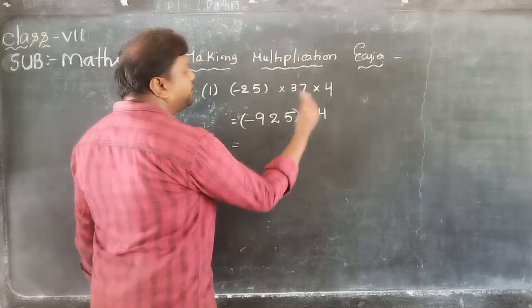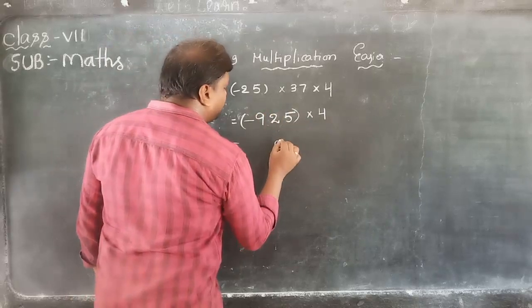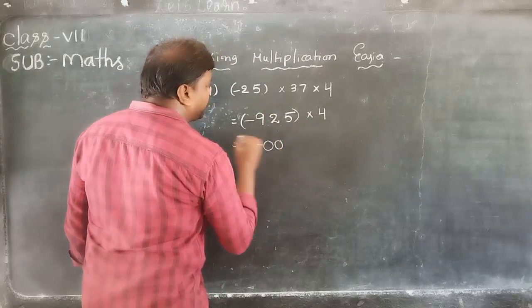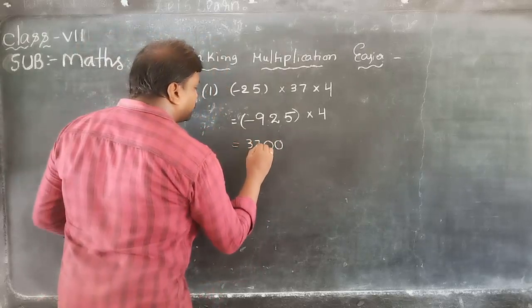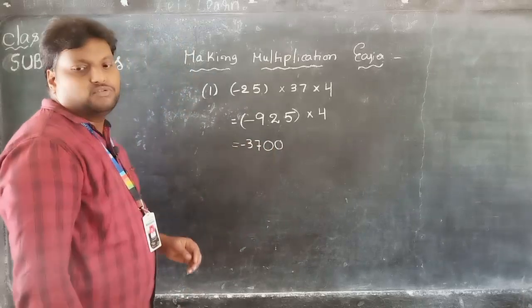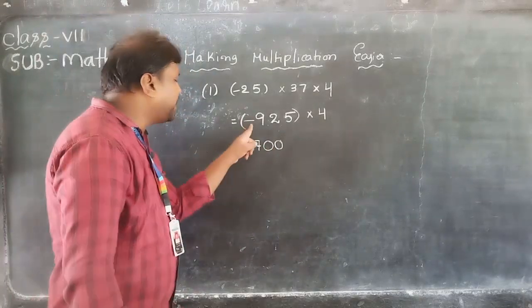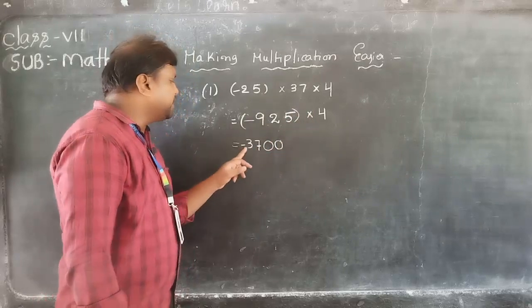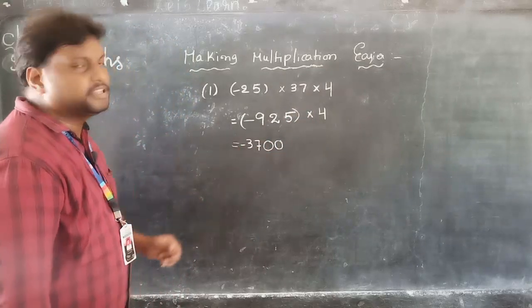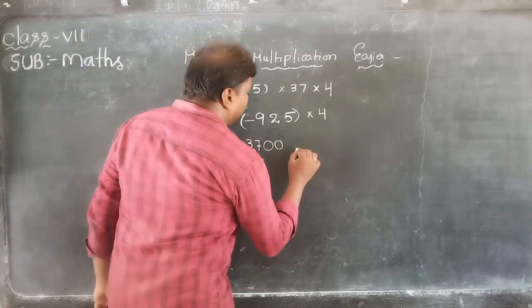Now minus 925 into 4: 4 fives are 20, 4 twos are 8, plus 2 is 10, 4 nines are 36, 37. Minus 3700, since minus into plus is minus. This is one method.